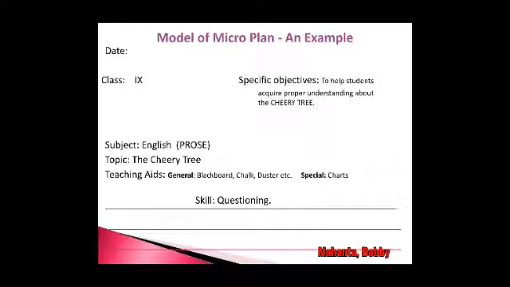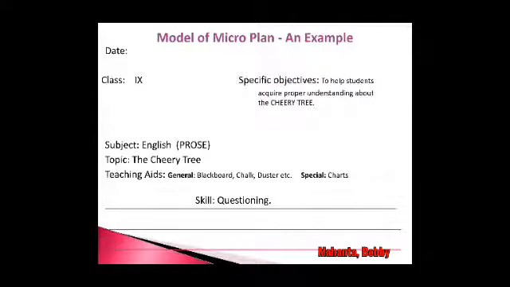So each lesson is listed for a particular teaching skill. In this case, the skill of questioning has been written. Clear? So here you have the date and the class on one side. The next is specific objectives. For example, what is the specific objective for the day's lesson?